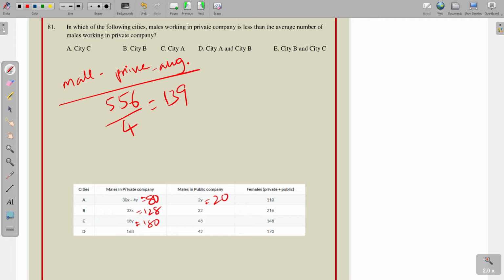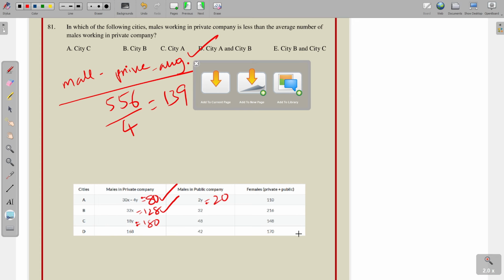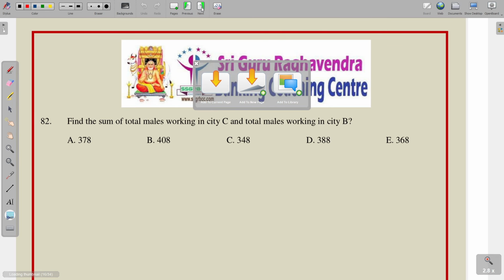Which cities are less than this average? 80 is less than 139, 128 is also less than 139, therefore two cities, city A and city B, are less than this average. So next question.